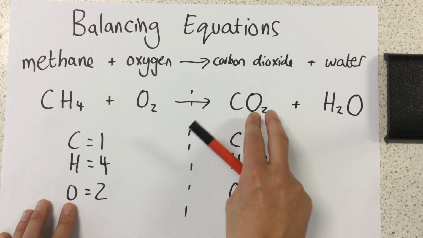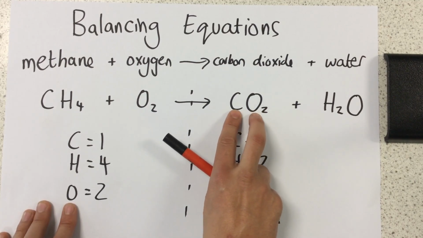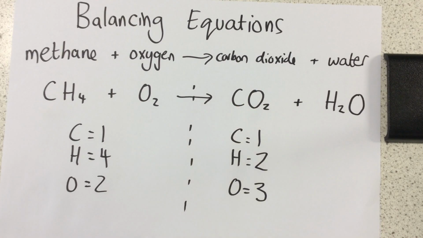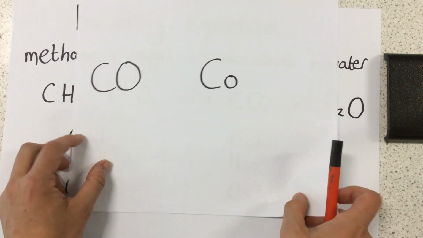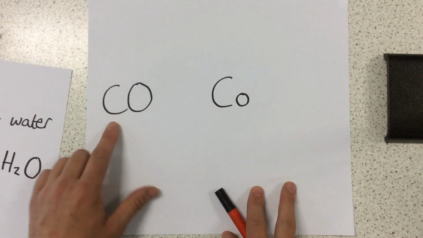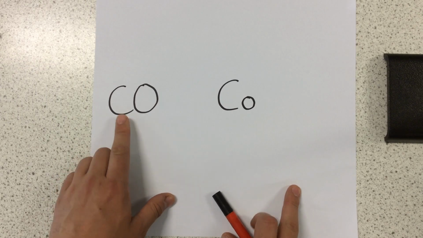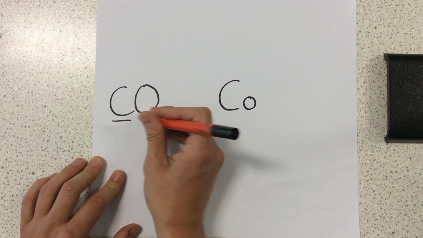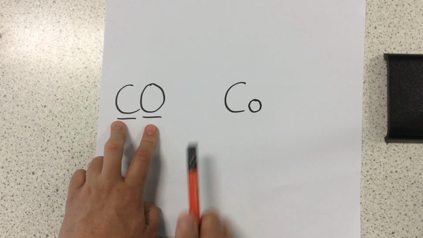Now another quick thing, I've seen a lot of students getting confused and thinking, well, how do I know how many different elements this is here? I'll use this as a little example. Whenever we have an element, it always starts with a capital letter. So I can see that here, if I've got a capital C and a capital O, I know I have 2 different atoms.